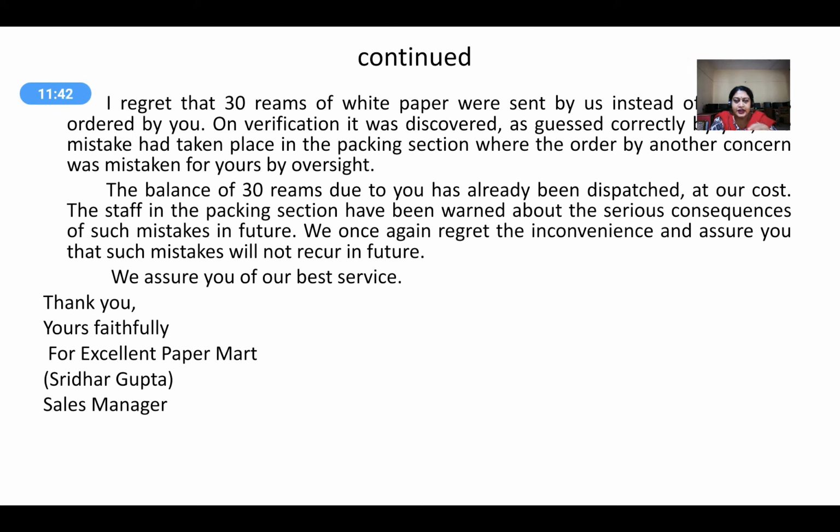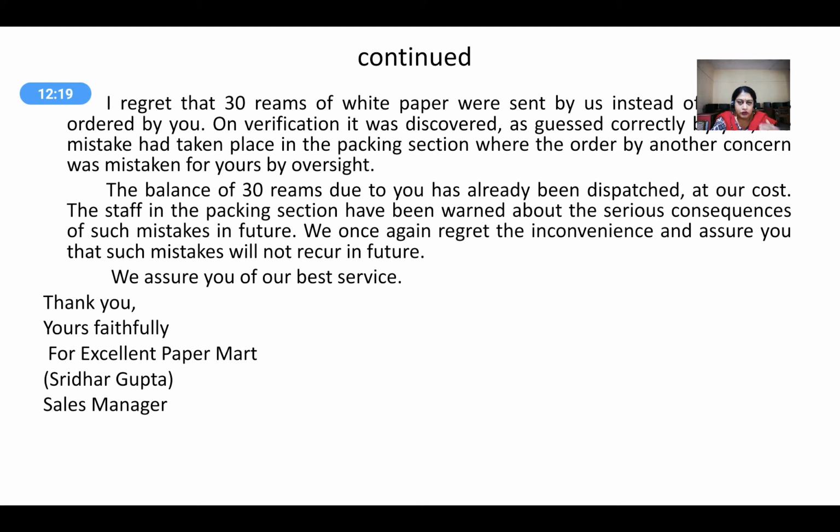The balance of 30 reams due to you has already been dispatched at our cost. The staff in the packing section have been warned about the serious consequences of such mistakes in future. We once again regret the inconvenience and assure you that such mistakes will not recur in future.